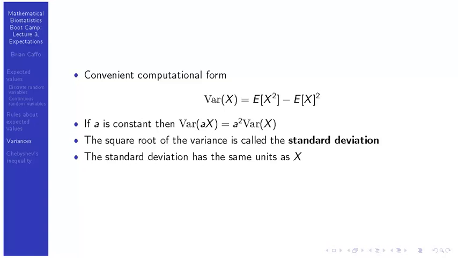We typically calculate the variance by a convenient shortcut. And that is that the variance of a random variable is the expected value of x squared minus expected value of x quantity squared. And again, this expected value of x quantity squared is just mu squared. This shortcut formula then requires you to calculate the expected value of x squared.